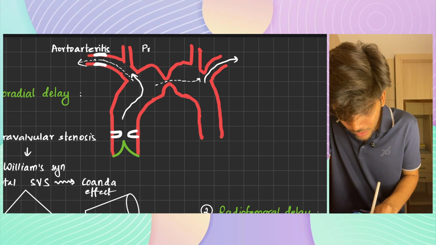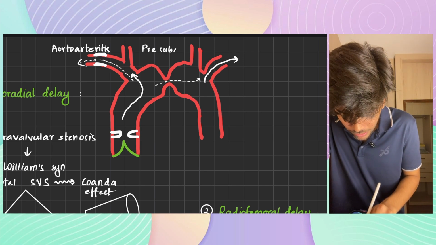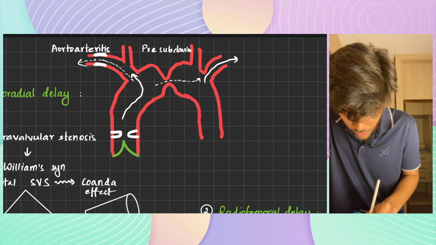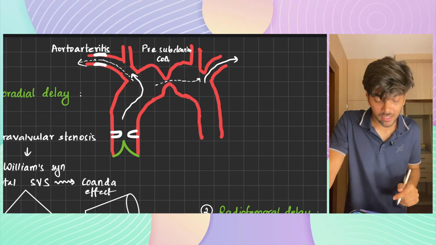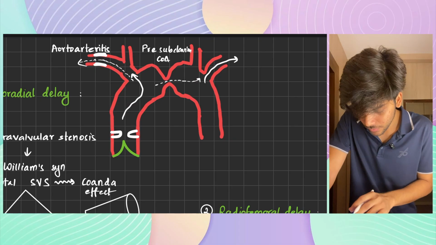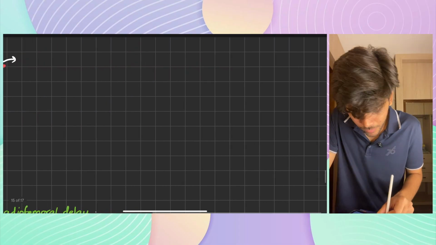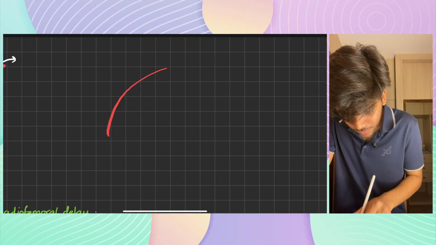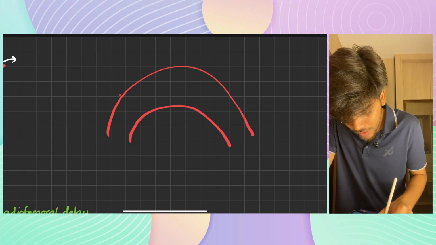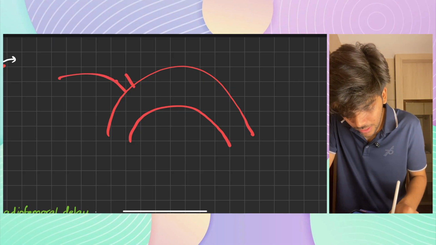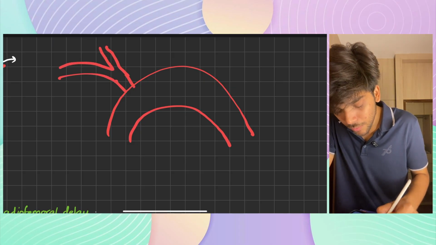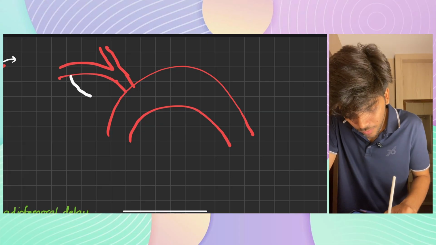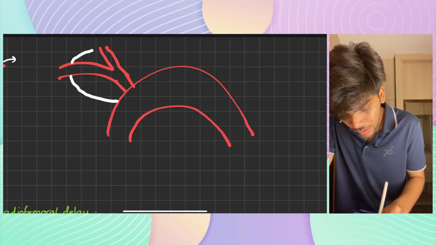So this is pre-subclavian coarctation of aorta. And then there's the last. Let me draw a separate diagram. So this is the arch of aorta with the subclavian artery arising from the brachiocephalic trunk. This subclavian artery travels above the rib, right?